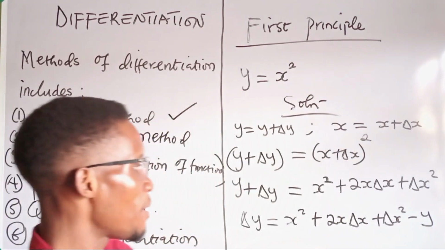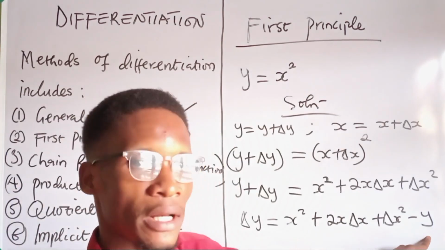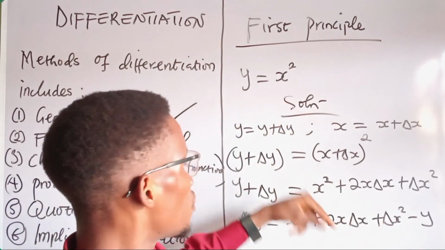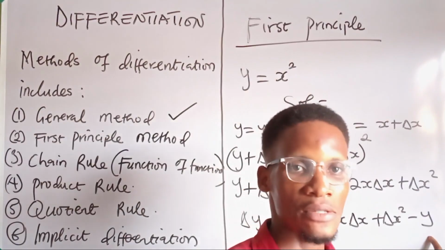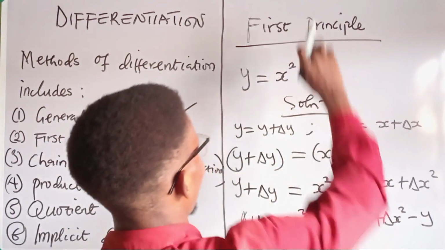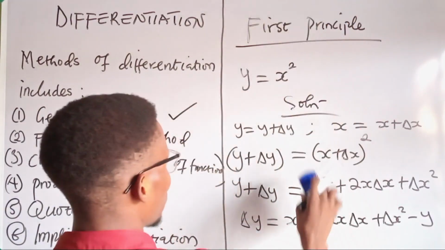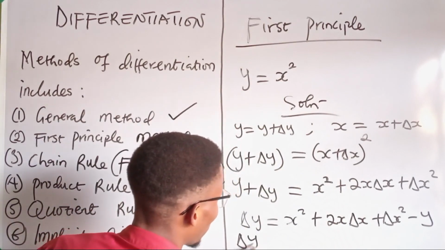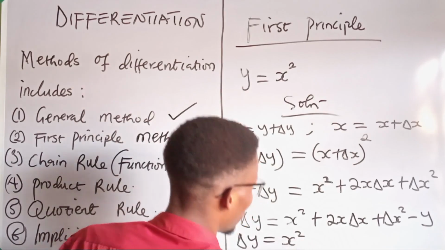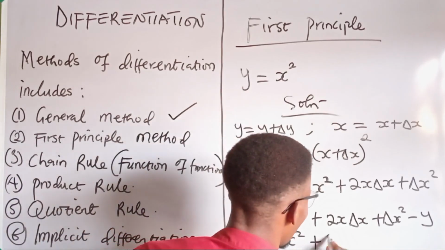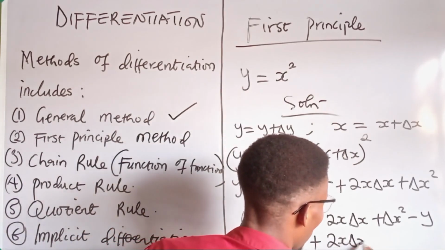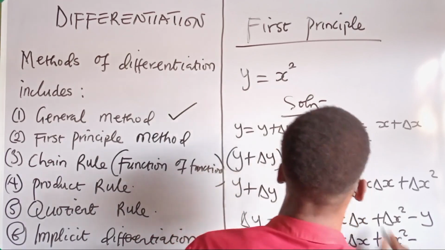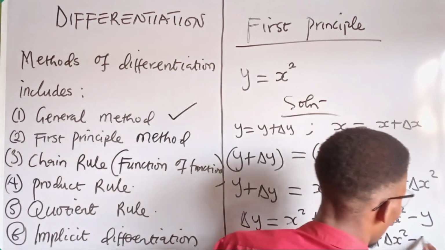Now remember, from the given question, y equals s squared. So we can substitute the value of y here. If we do that, we have change in y equals s squared plus 2s change in s plus change in s squared minus s squared.